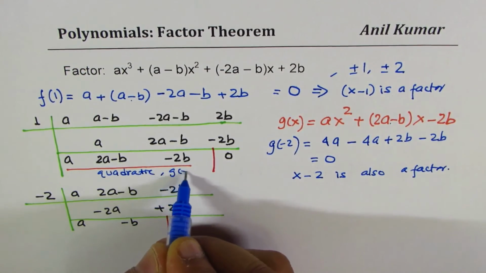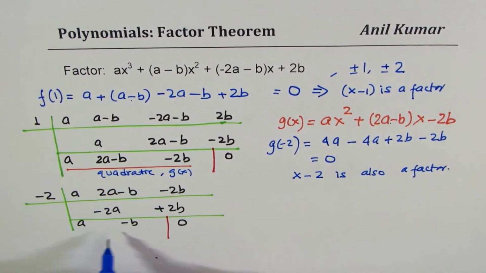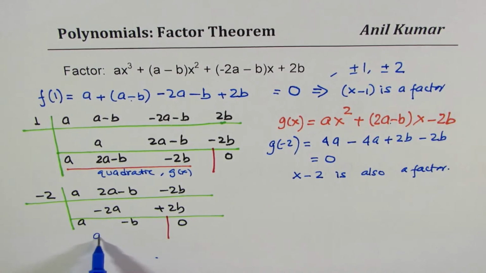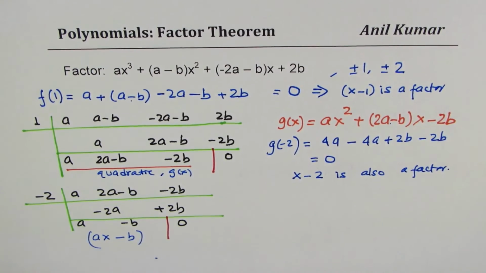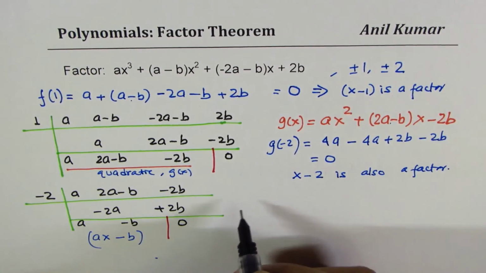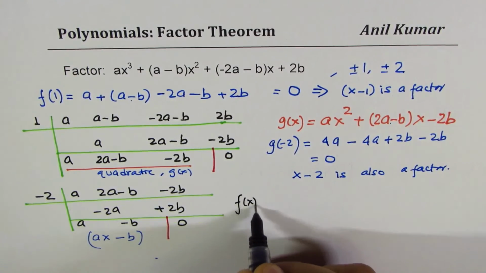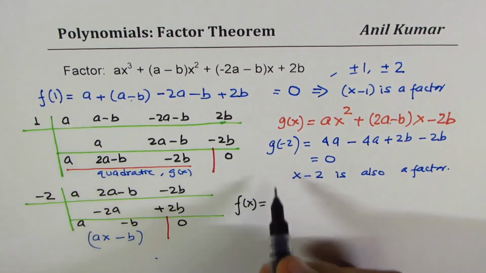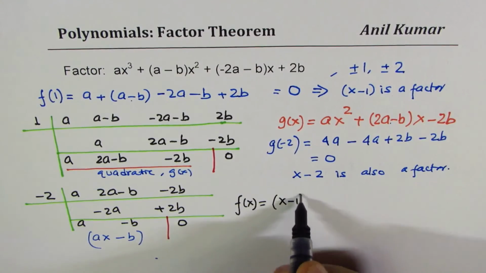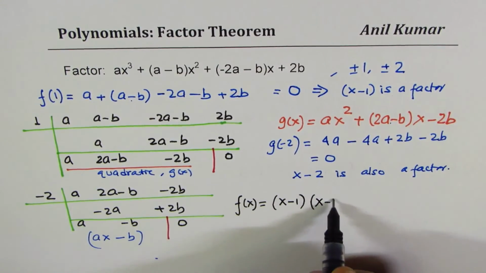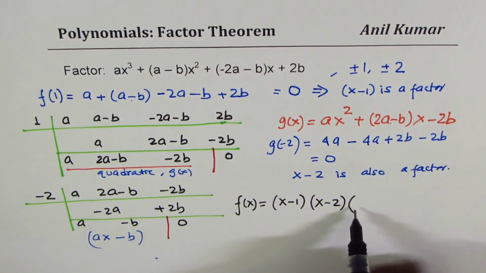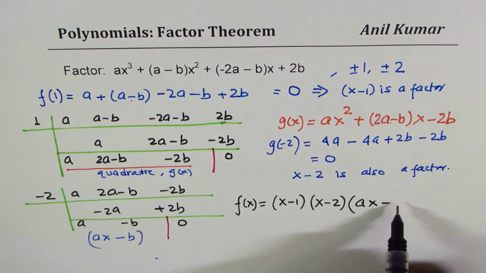So what we got here was quadratic, we called it g of x. Now this is linear, right? So that could be written as ax minus b. So that is your factor. Perfect. That's the remainder. And therefore, we get our answer, and we could write the function f of x as the product of all these factors, which are x minus 1, x minus 2, and ax minus b.